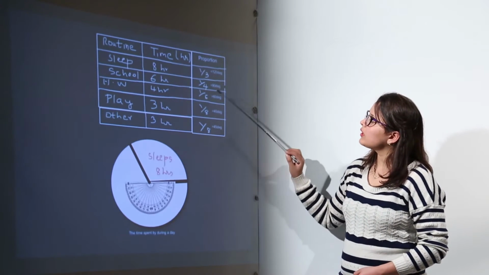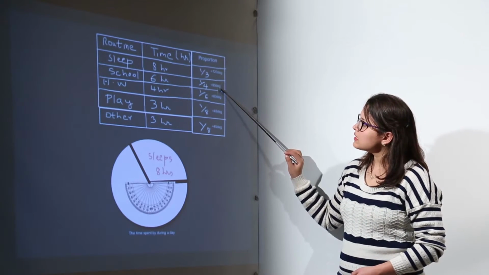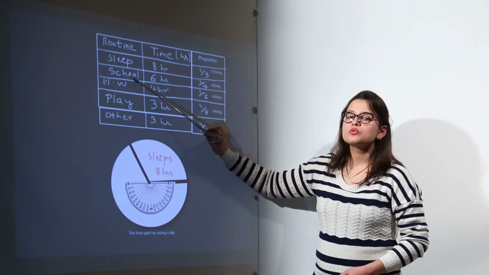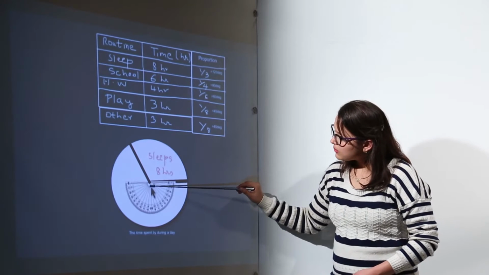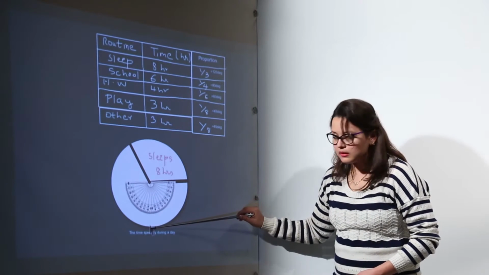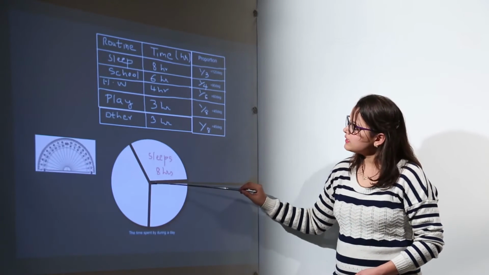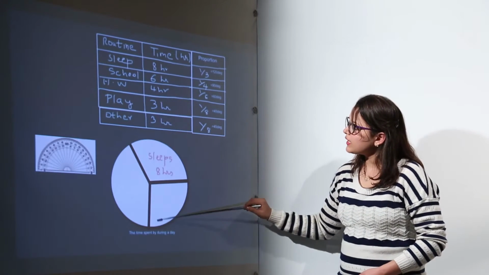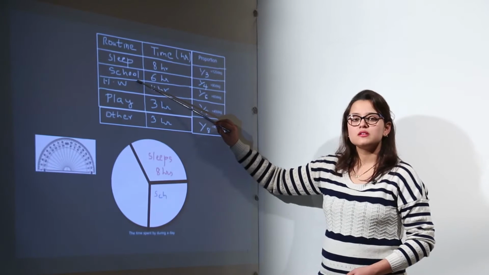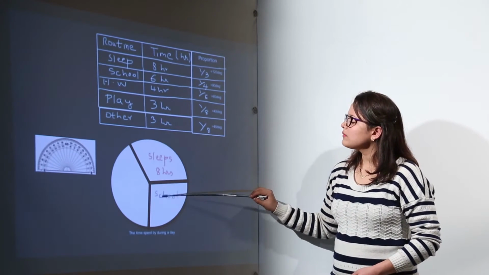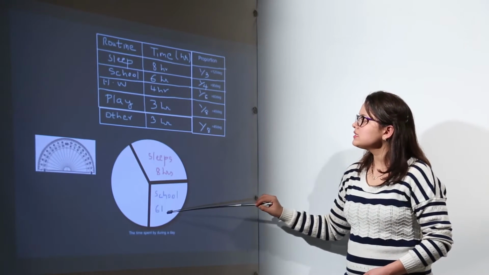Similarly, we will be drawing the next 90 degrees, that will be representing the school hours of the student. Now put the protractor over here, mark the 90 degrees angle, right? And this sector that has been divided now is representing your school activity time. Now how much time has the student spent in school? That is 6 hours.